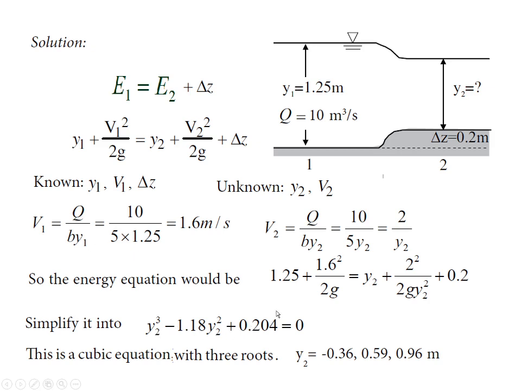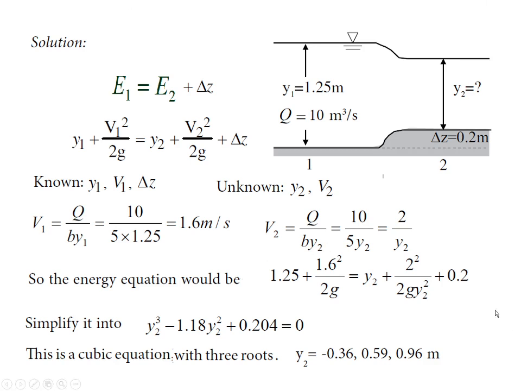This is a cubic equation with respect to y. Therefore, by solving it, you will have 3 values for y2, and these are the possible values: y2 equals minus 0.36, 0.59, and 0.96.